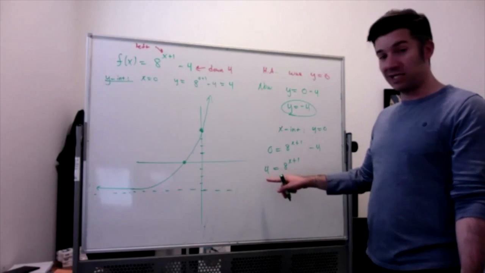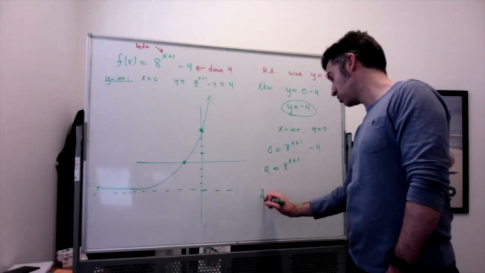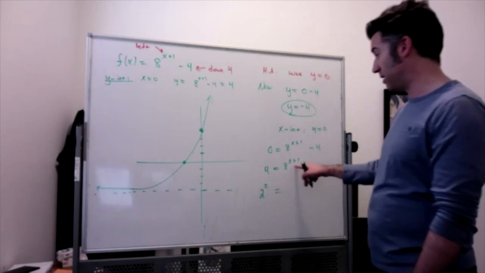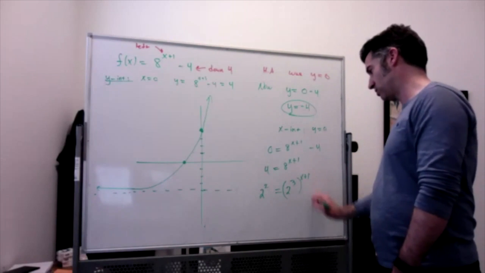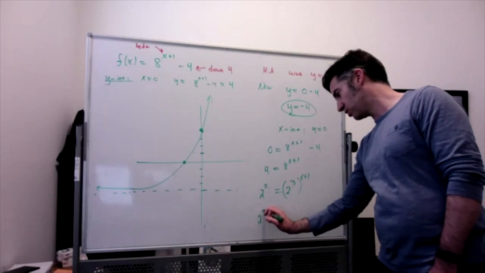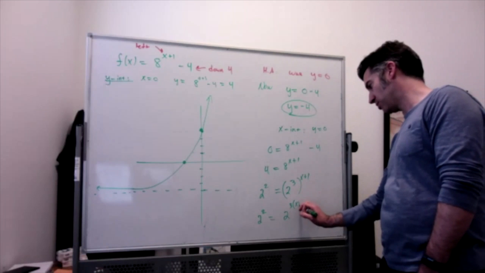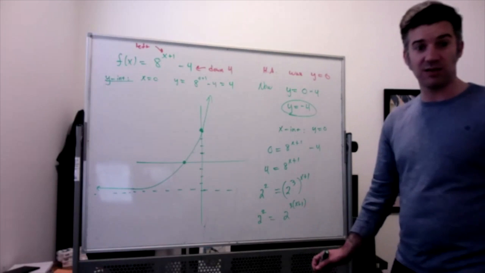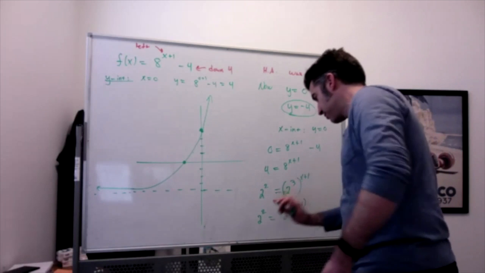And then I see that 4 and 8 are both powers of 2. So I'm going to write 4 as 2 squared, and I'm going to write 8 to the x plus 1 as 2 cubed to the x plus 1. Then I've got 2 squared equals 2 to the 3 times x plus 1. Now that the bases are the same, the exponents have to be the same.